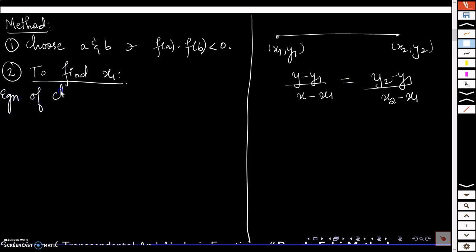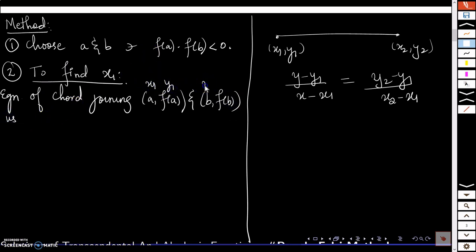So the equation of chord joining a comma f of a and b comma f of b is given by, so this is my x1 y1 and this is my x2 y2.